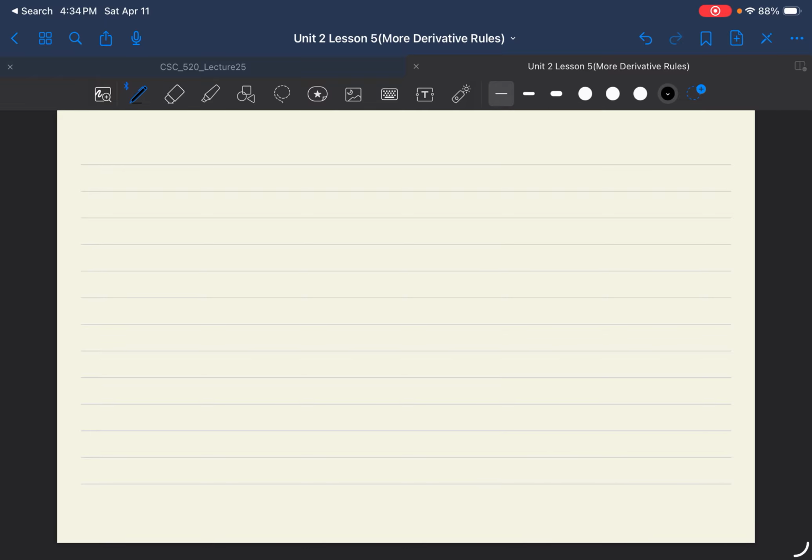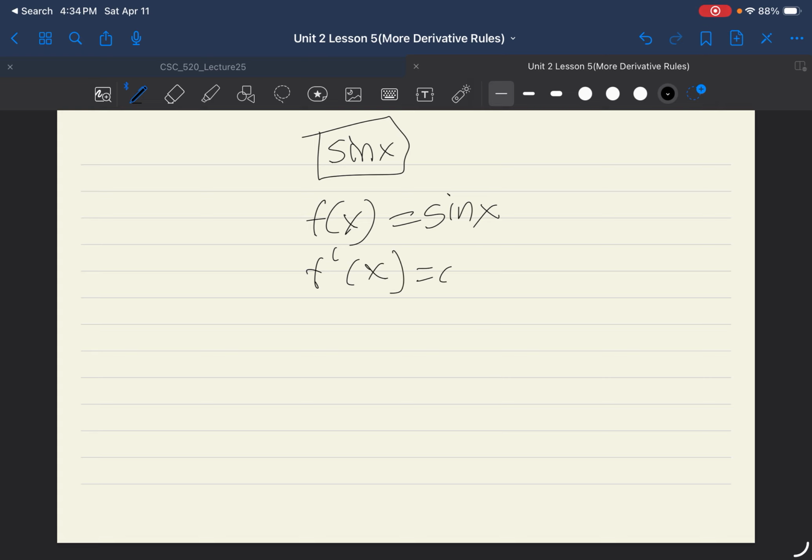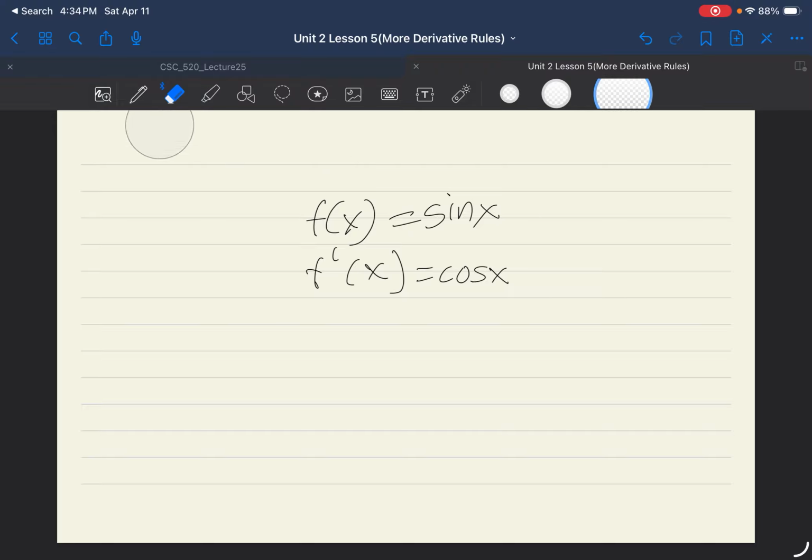Now let's move on to the second rule that we have to talk about, which is sine of x. If f of x is equal to sine of x, then f prime of x will be equal to cosine of x. Pretty simple, right? Here's where I see a lot of people getting tripped up.